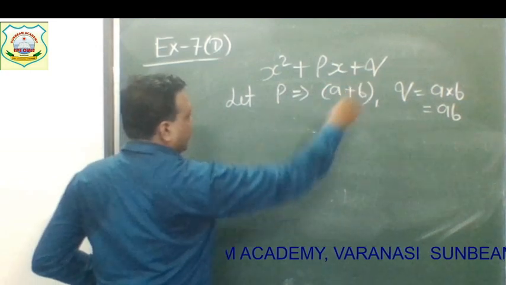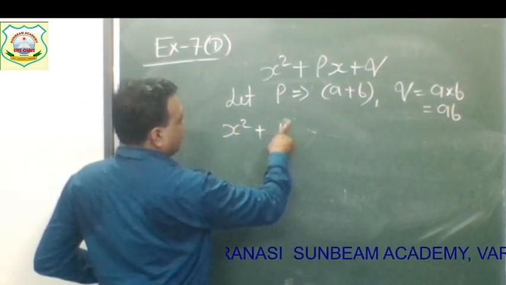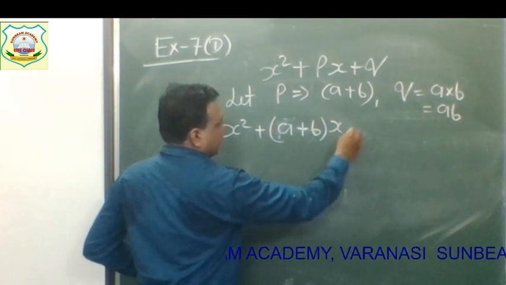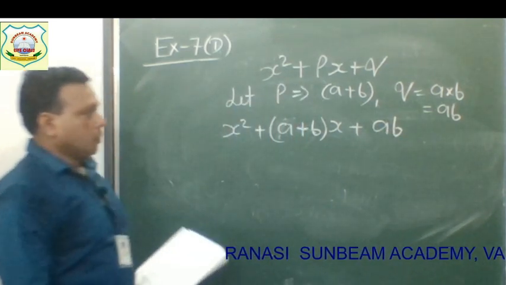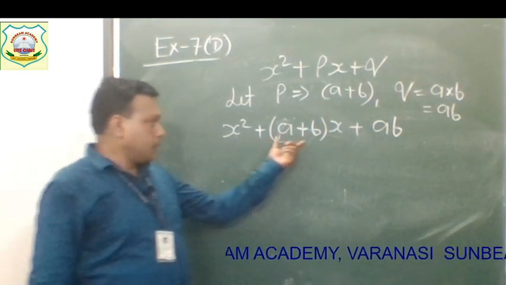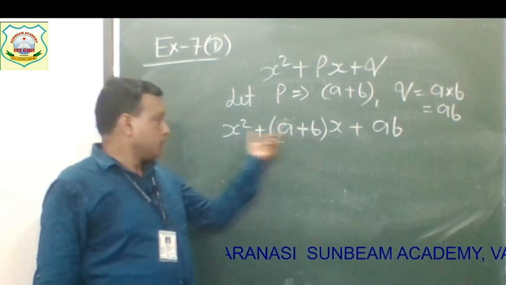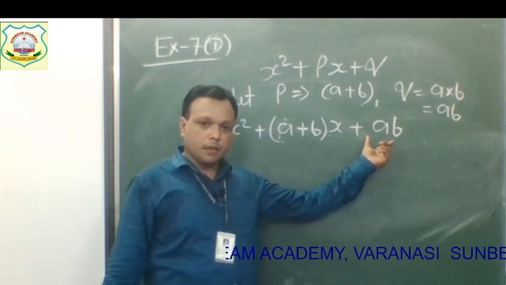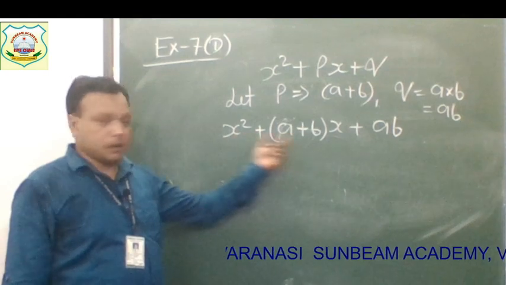So we put these values: x square plus p value, a plus b, times x, plus q, which is ab. This is the first term, the middle term and the last term. This is a constant value. These both are the variable terms. Clear?